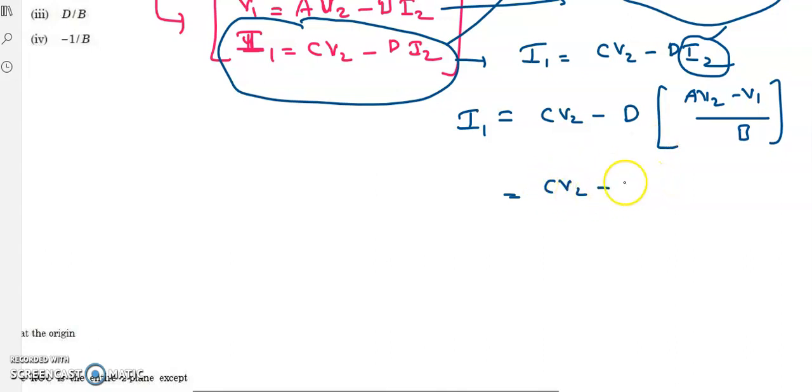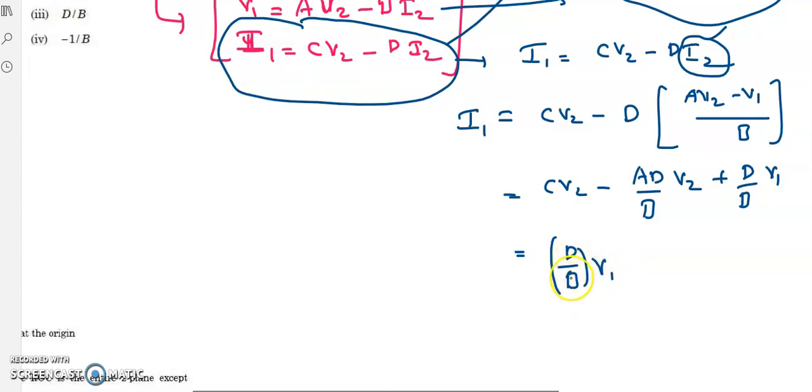So I am writing here minus a d by b into v2 plus d by b into v1. That becomes I1 is equal to d by b v1 plus, taking v2 as common, c minus a d by b v2. Fine.